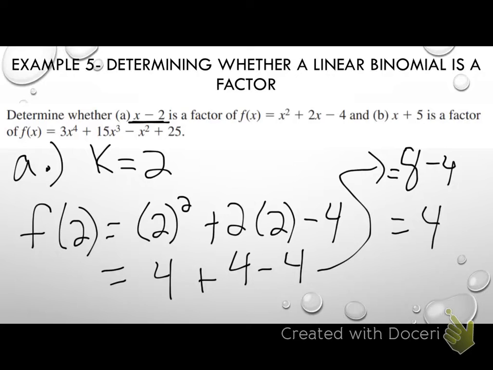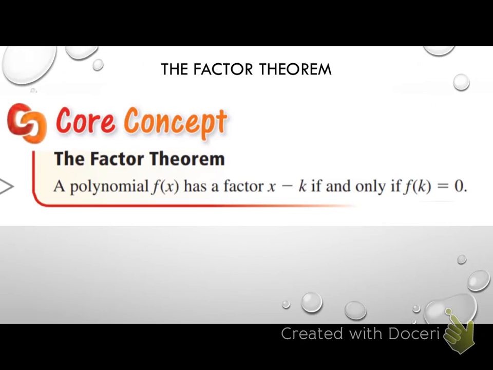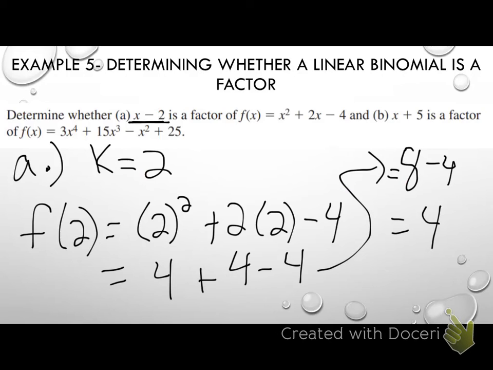So would this be a factor of x squared plus 2x minus 4 or not? No. Why not? Because it's a factor only if f of k equals 0. Very good. Based on my factor theorem, a polynomial f of x has a factor x minus k if and only if f of k equals 0. So I found f of k to be 4, right?